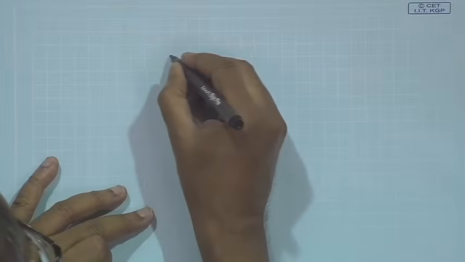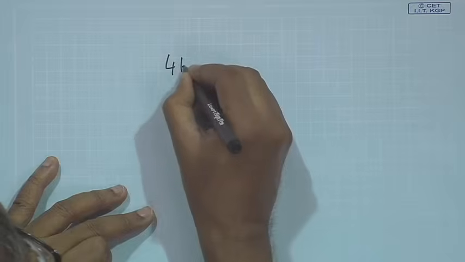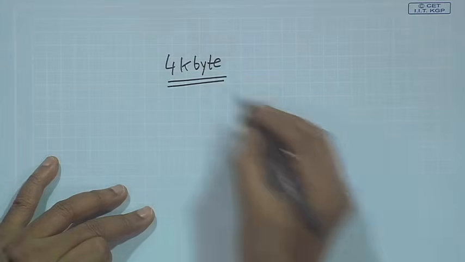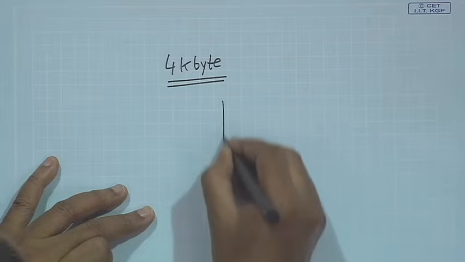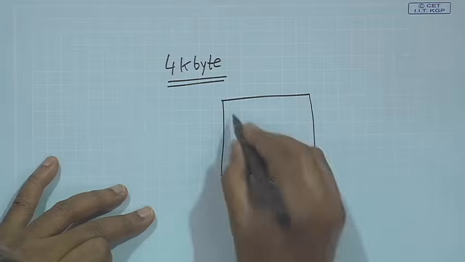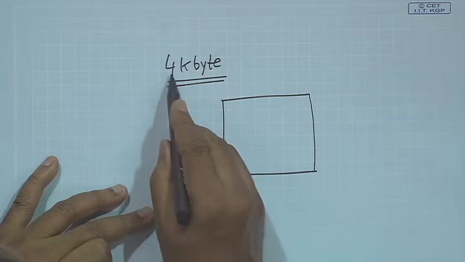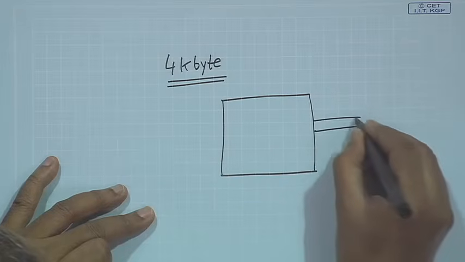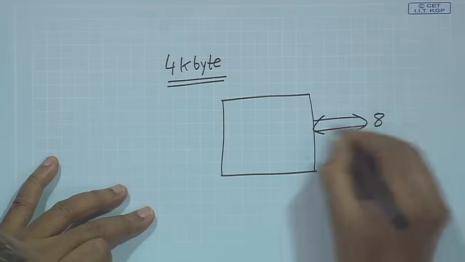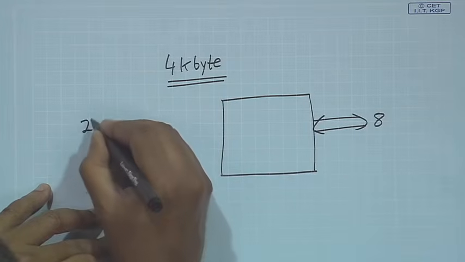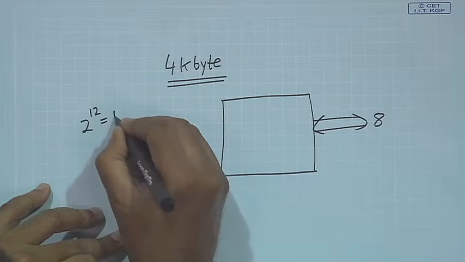For example, let us say if I talk about a 4 kilobyte memory chip or a memory cell, what does this mean? It is a box inside which there is storage space for 4 kilobytes of data. Byte means there are 8 data lines available to me, and 4K means 2 to the power 12 is 4K.